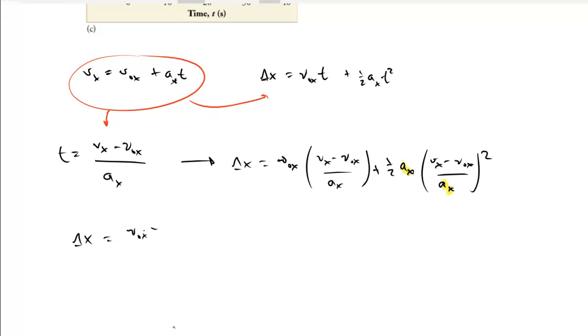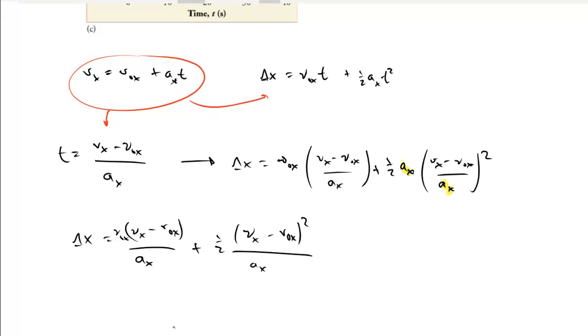And so this becomes delta x is equal to v naught x times (vx minus v naught x) all over ax, plus 1/2 of (vx minus v naught x) squared all over ax.